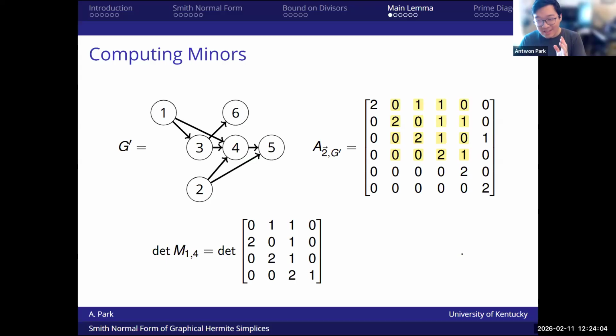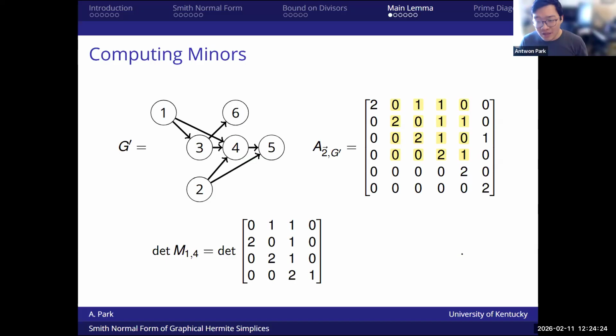So if I take this 4 by 4 submatrix, the way I'm going to build it is by thinking about what my longest path is. My longest path is from 1 to 5. So I'm going to start at 1 and then move 4 numbers over to get to 5.